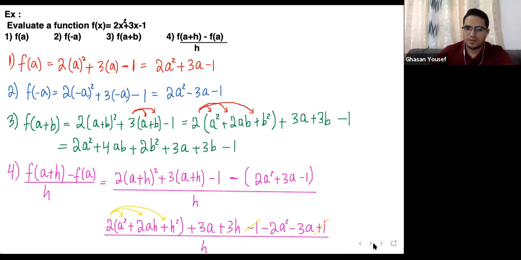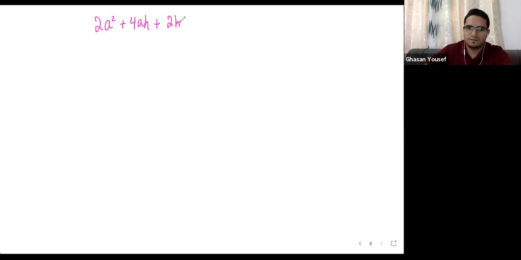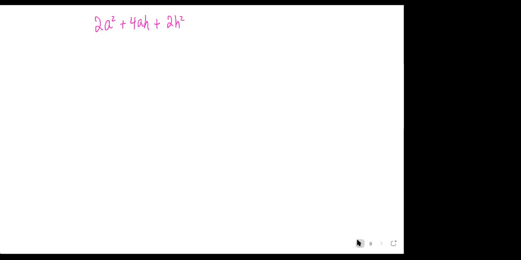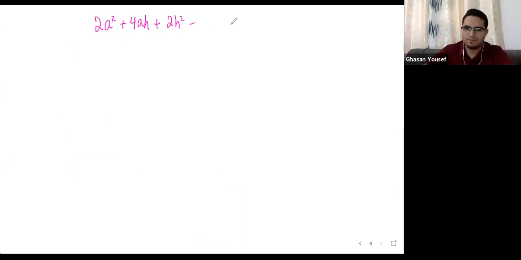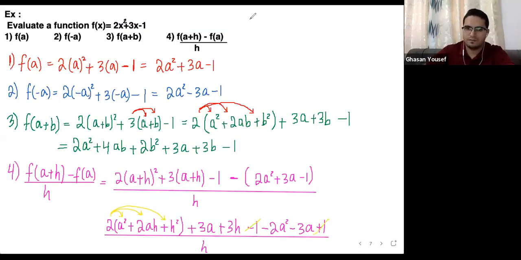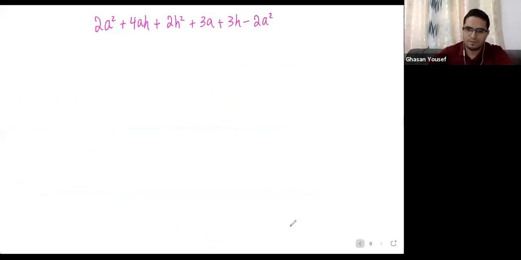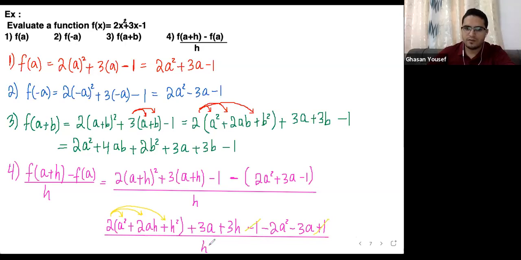Okay, let's do it fast. 2a squared plus 4ah plus 2h squared plus 3a plus 3h minus 2a squared minus 3a, everything over h.